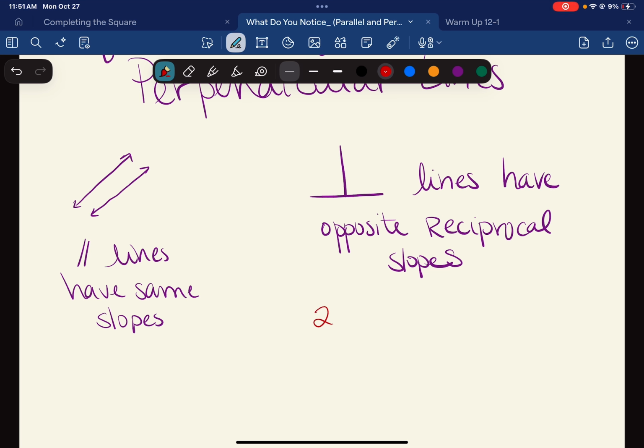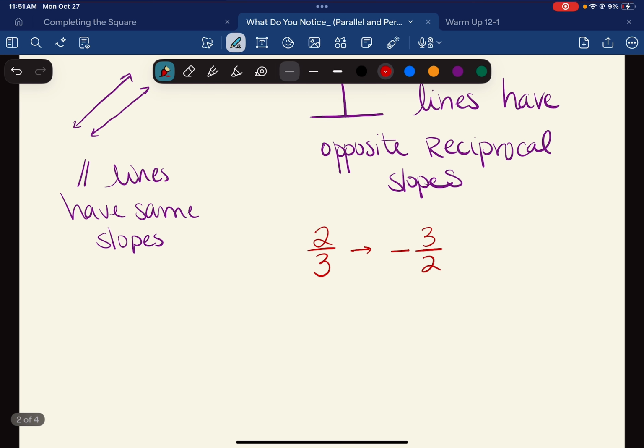If I give you the fraction 2/3, the opposite of 2/3 would be negative 2/3, and the reciprocal just means you flip your fraction. So if you start with a positive 2/3, the opposite reciprocal is negative 3/2. If you start with, let's say, -2, the opposite reciprocal is going to be a positive 1/2.